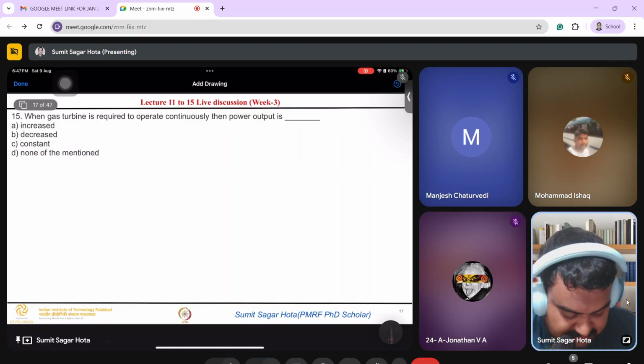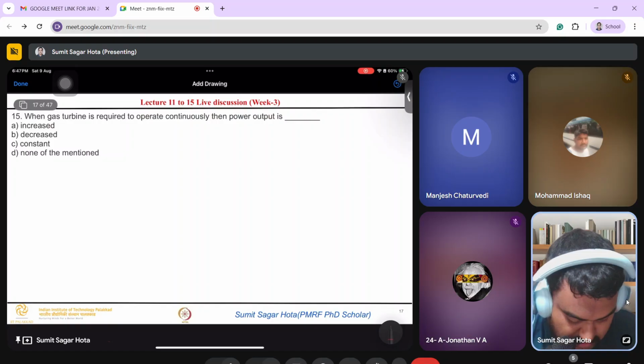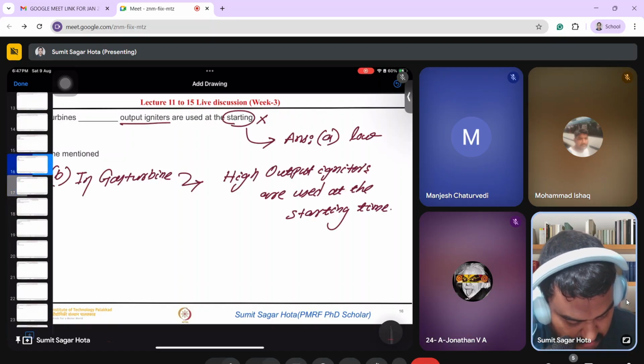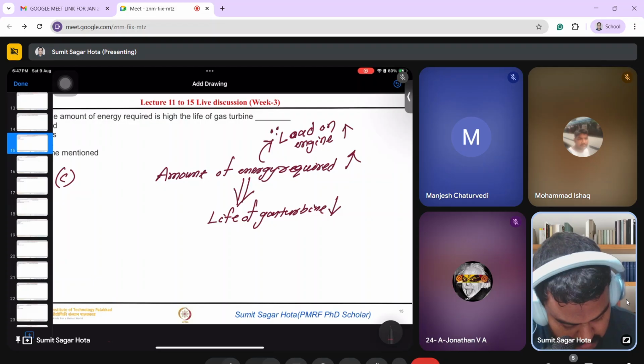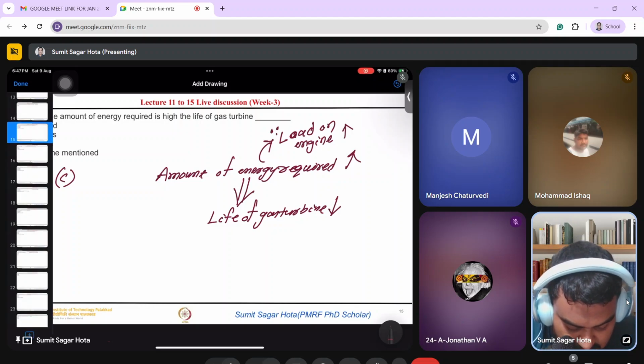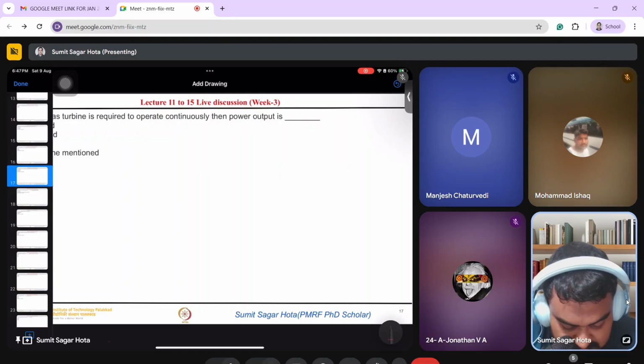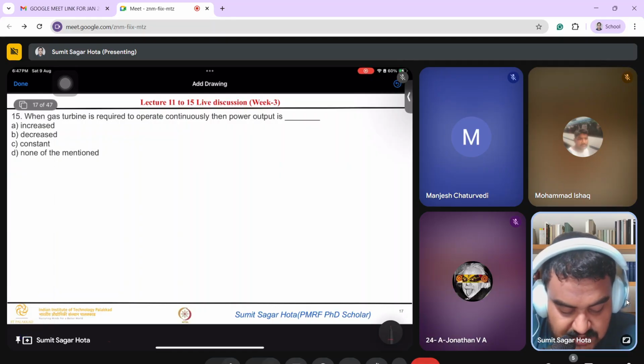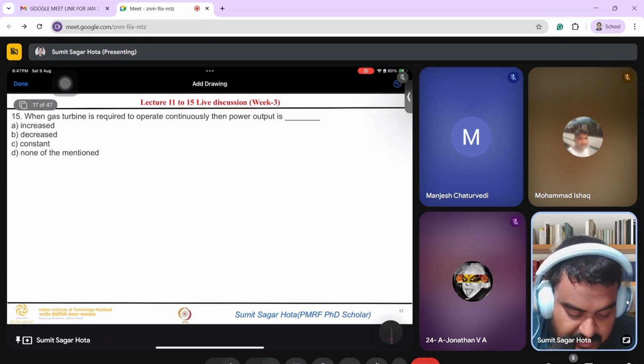We have seen a similar question already: when the amount of energy required is high, the life of the gas turbine is going to decrease. In a similar manner, continuous operation means you are operating in a high load condition. You are not giving any break to the engine.